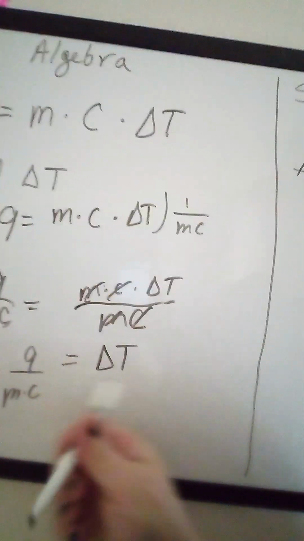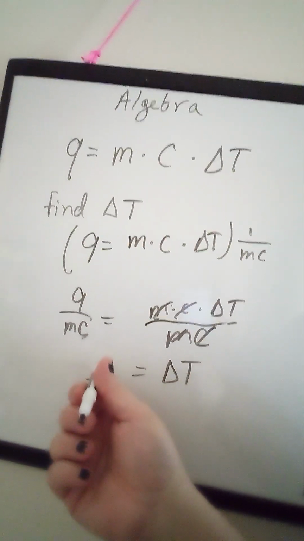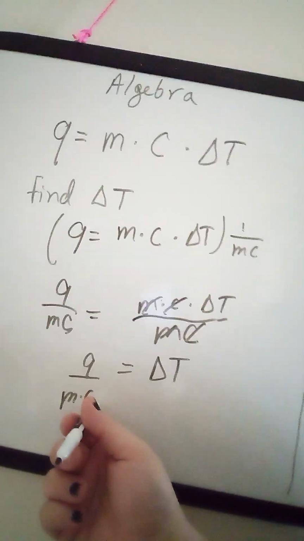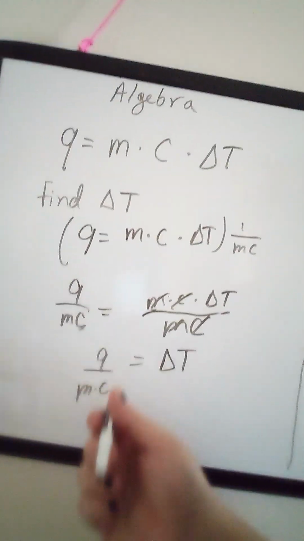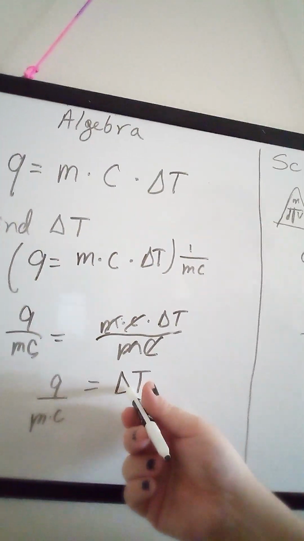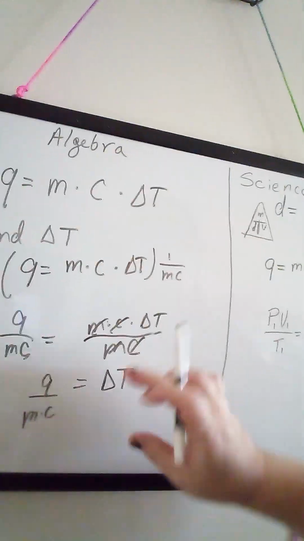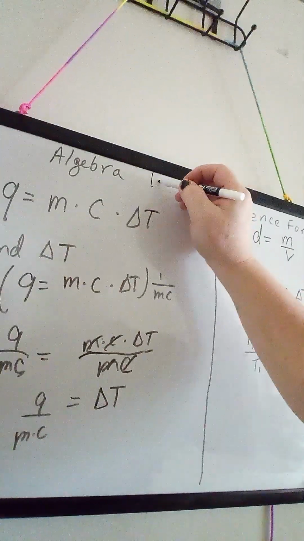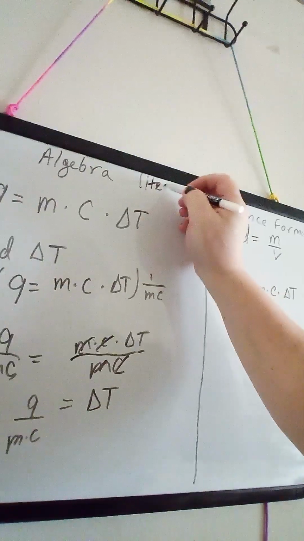So if I understand what this means, this will be the energy, this will be the mass, this will be the specific heat of the material, and this will give me the change in temperature. So again, this is similar to algebra. What they call in algebra, this is also called literal equations.